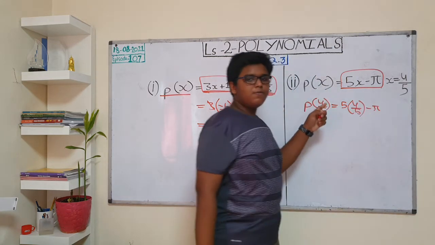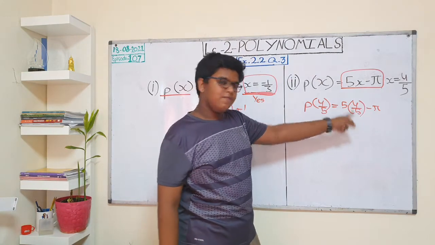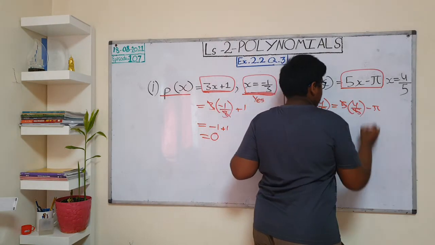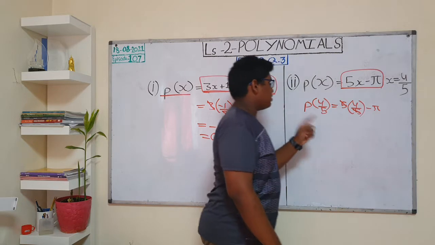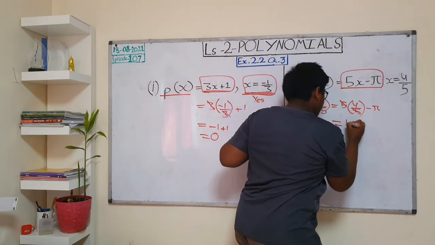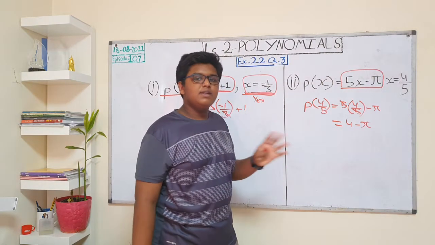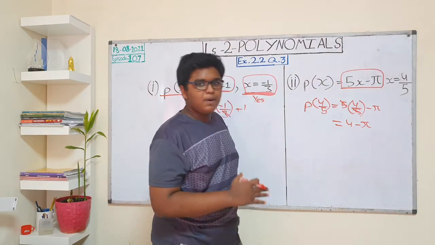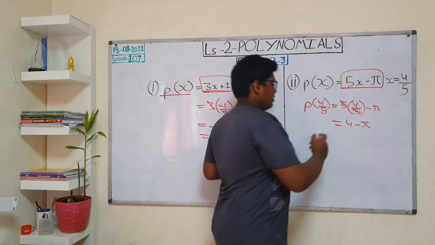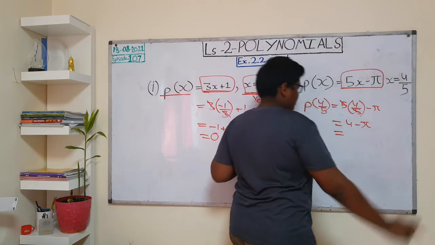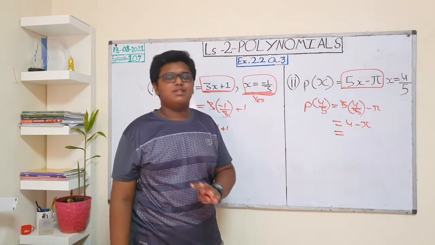Okay. Now this 5 and this 5 we can cancel. So both of them are cancelled. The leftover is 4 minus pi, right? Pi is an irrational number, but forget about irrational and rational numbers.